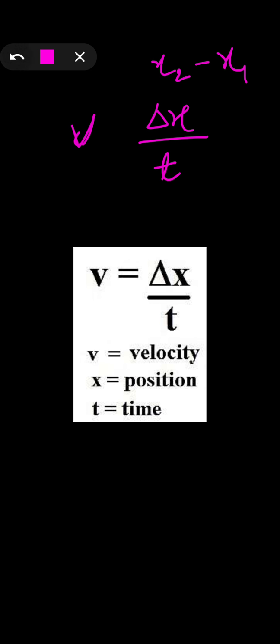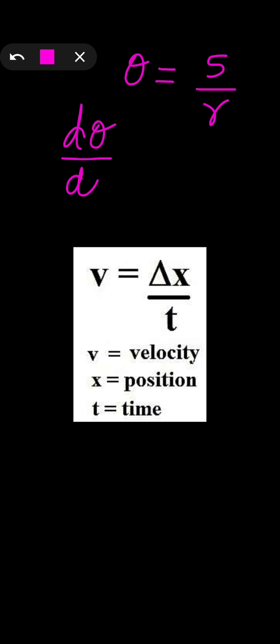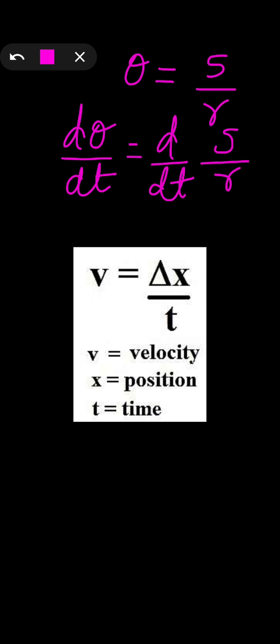We know angular displacement theta is equal to s upon r, right? And if we have to find out the velocity, then we have to differentiate both sides with respect to the time t. So here also d by dt of s upon r.